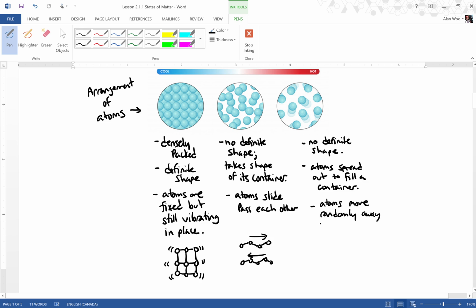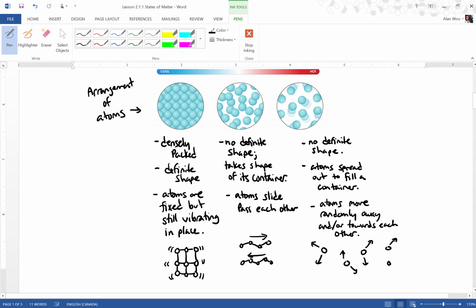away and or towards each other. So the way that we'll represent that is just to have a few atoms that are very spaced far apart, and they could be moving in different directions.